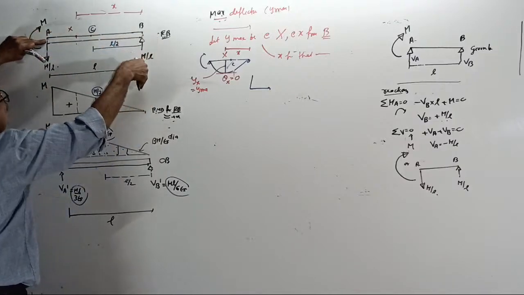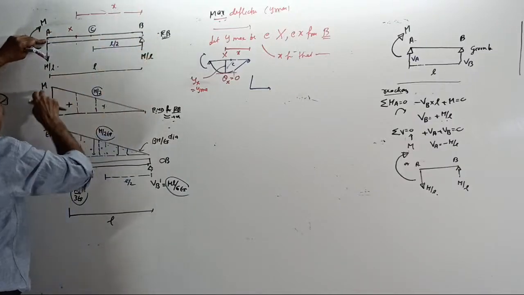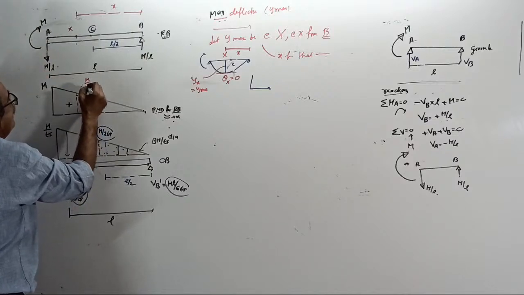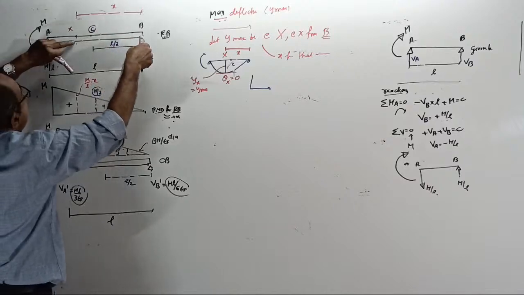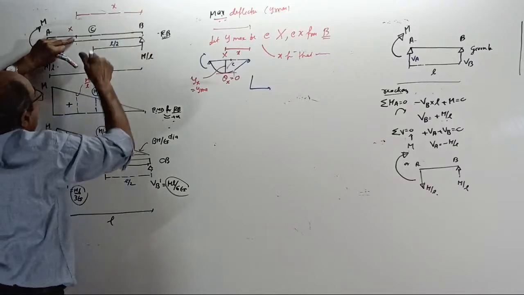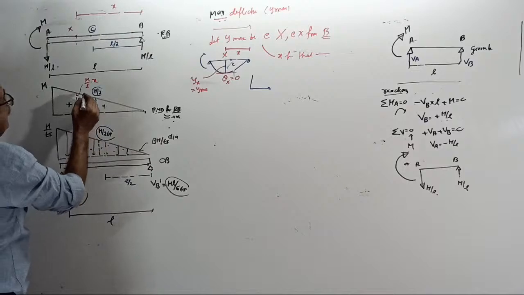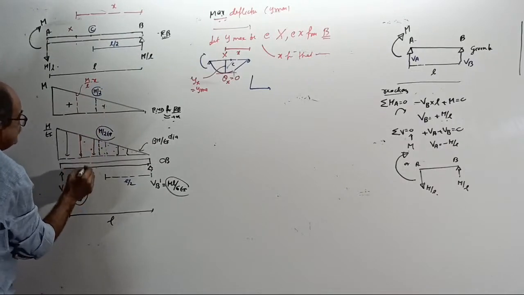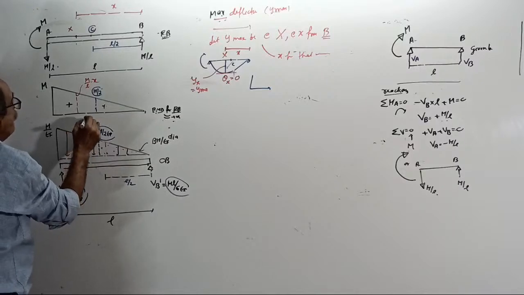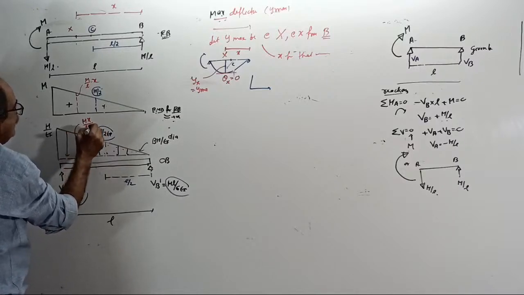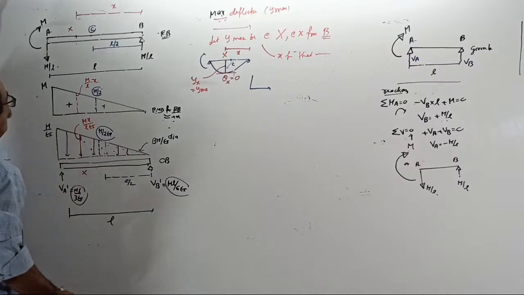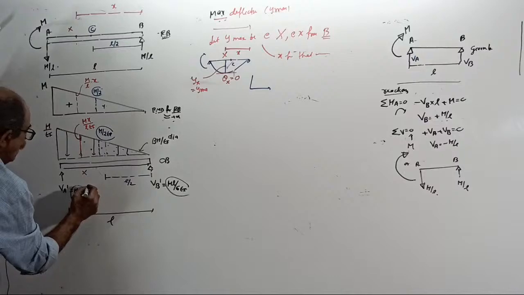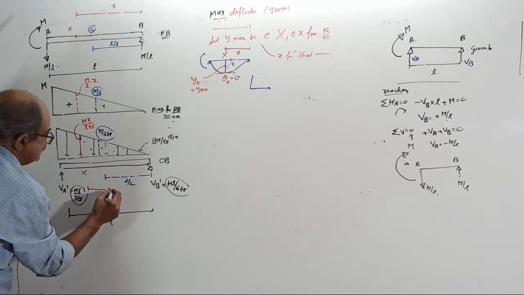Here BM is M by L into L, M. Here BM is M by L into x, or Mx by L. If it is Mx by L, the corresponding ordinate at x here is Mx by L divided by EI. Why? Whatever is that ordinate divided by EI. And remember, without disturbing, this is x.